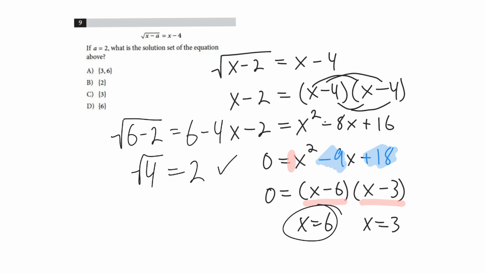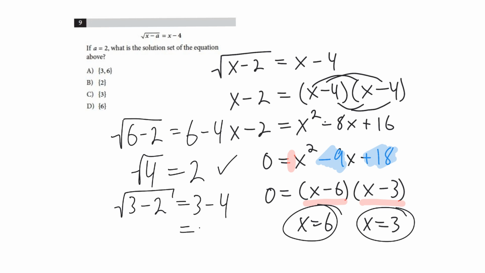Yeah, that works. Now, if we plug in 3 into our equation, we'll get the square root of 3 minus 2 equals 3 minus 4. Well, 3 minus 4 is negative 1, and the square root of 1 does not equal negative 1. So 3 is extraneous. Our only solution in this case will be 6, so D is our answer.